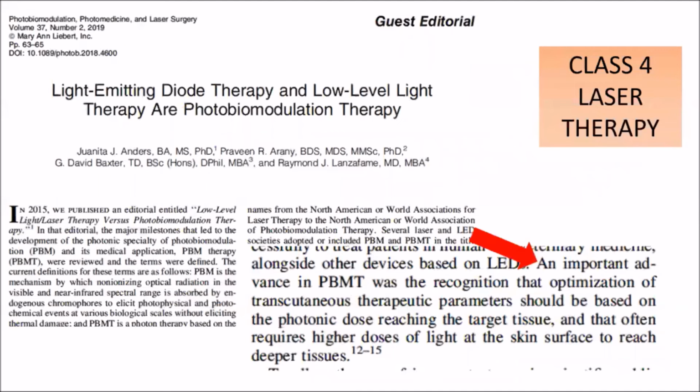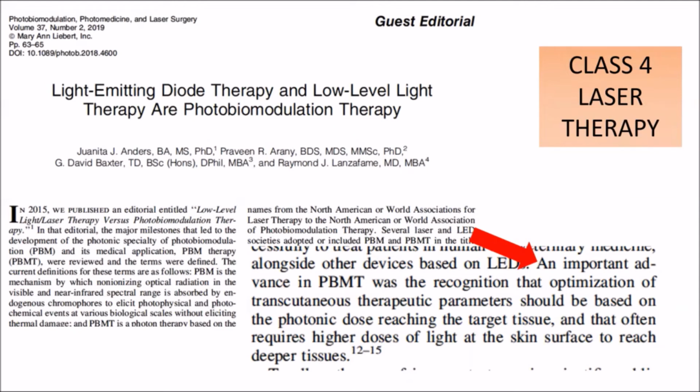The important thing for us to know is this: if we are going to successfully deliver therapeutic laser treatments to our human patients, we must be doing Class 4 laser therapy.